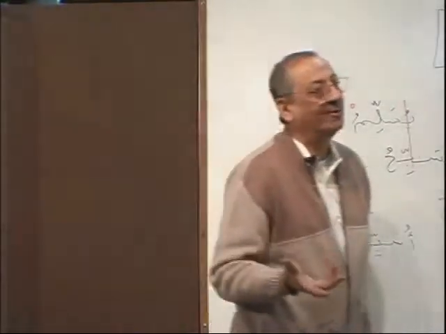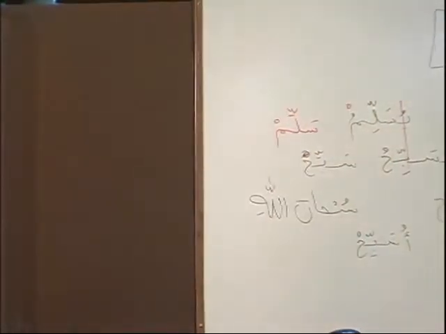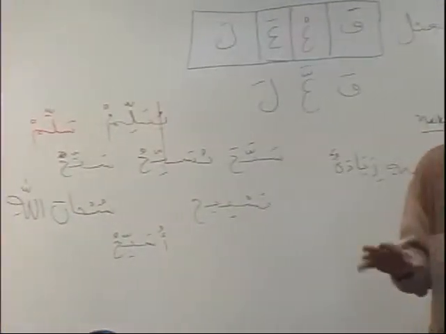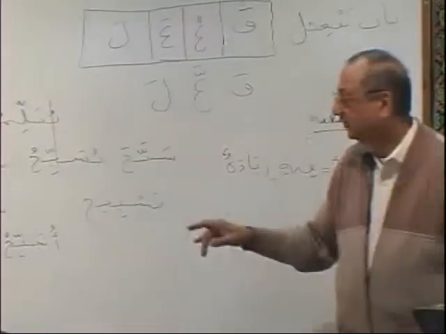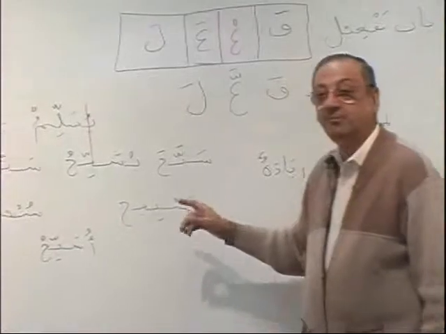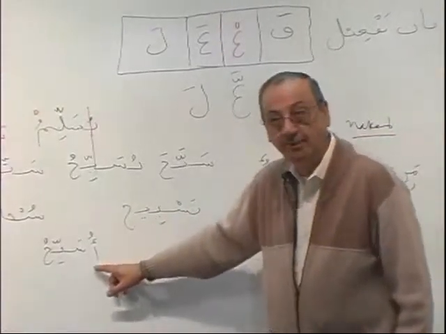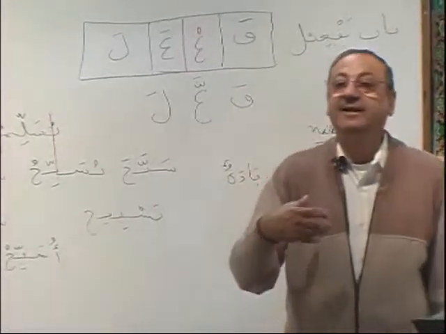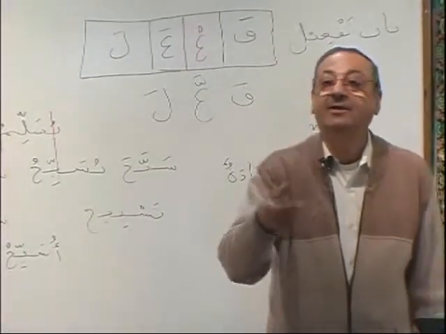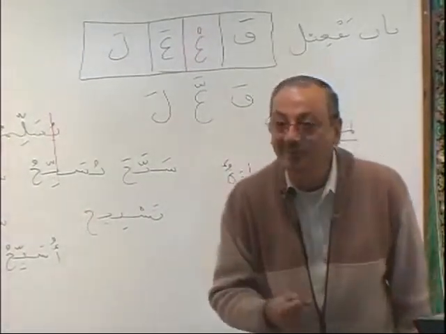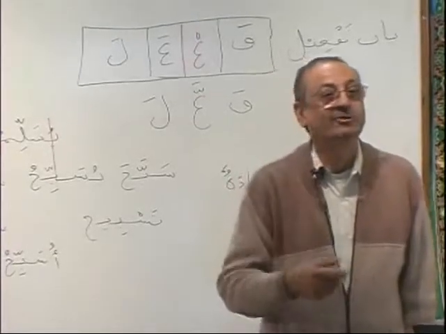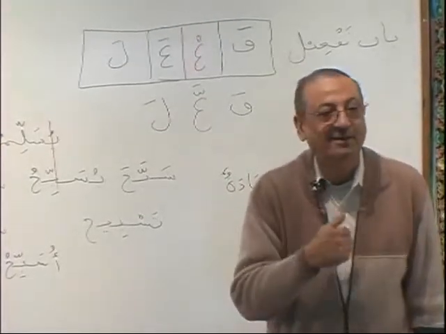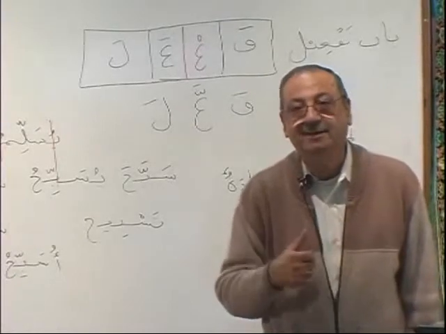Now, nobody will know unless you study the language. Are you with me? Sabbaha. So Sabbaha, Yusabbihu, and you can say Usabbihu, or you can even say Nusabbihu. And then Subhanallah is your maf'ulun mutlaq. Just like when you say shukran, sabran, afwan, like that.